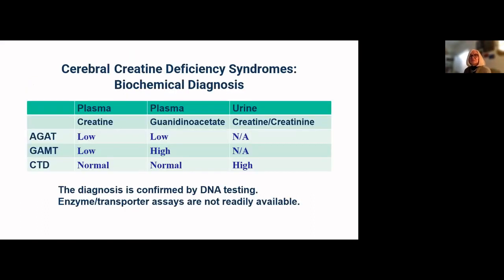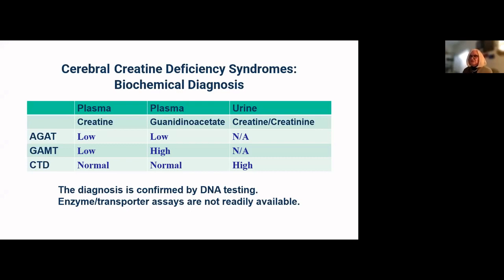There are also biochemical tests to diagnose cerebral creatine deficiency syndrome, basically measuring creatine and guanidinoacetate in plasma and urine. We need to be very careful in using this test.